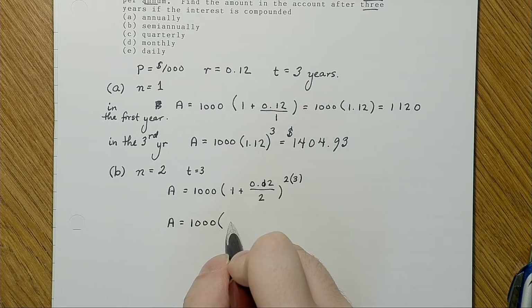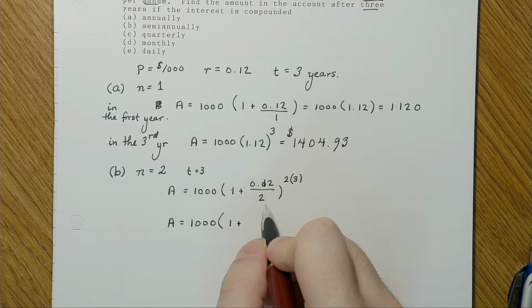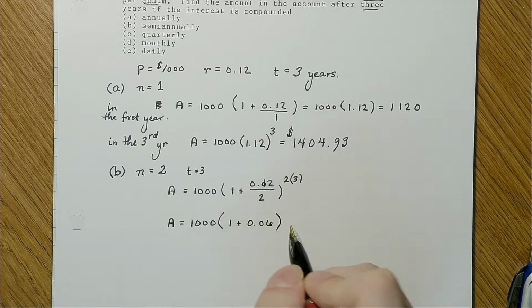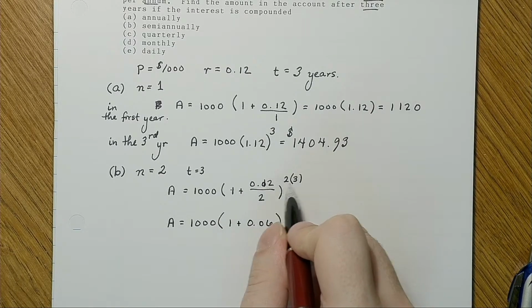So let's simplify that. 1 plus 0.12 divided by 2, that's 0.06. 2 times 3 is 6.